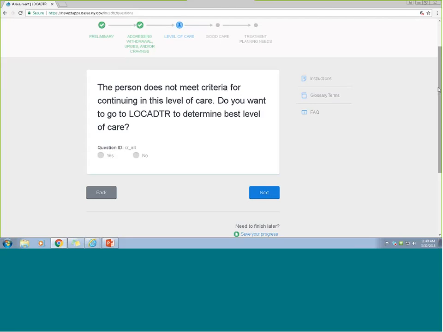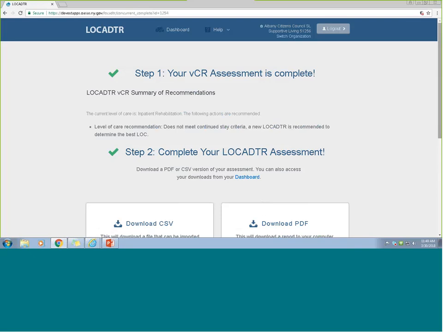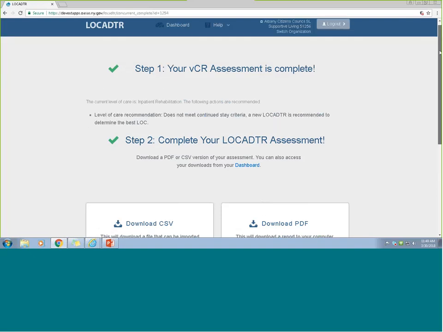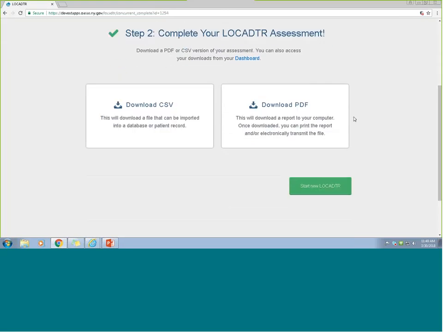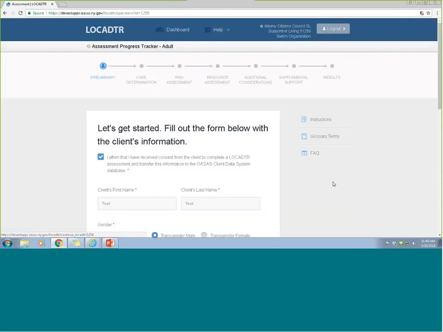You'll see that this person no longer meets the criteria for continuing in this level of care, and you're asked if you'd like to go to the locator to determine the best level of care. We're going to say yes to this, and you'll see that you'll receive the summary screen for the CR module, and then have the ability to start a new locator.